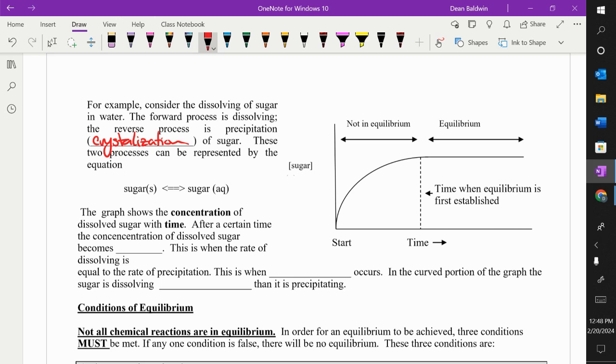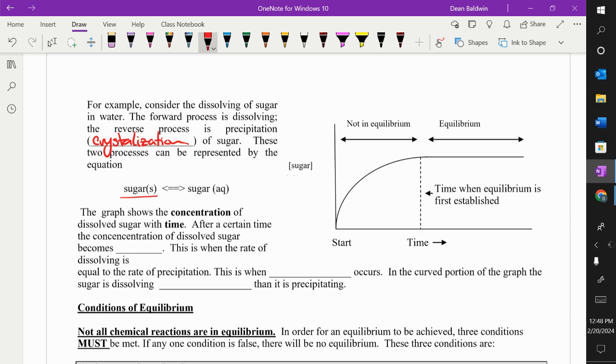So if you graph the concentration, and we put in solid sugar, basically, and we let it dissolve in water.